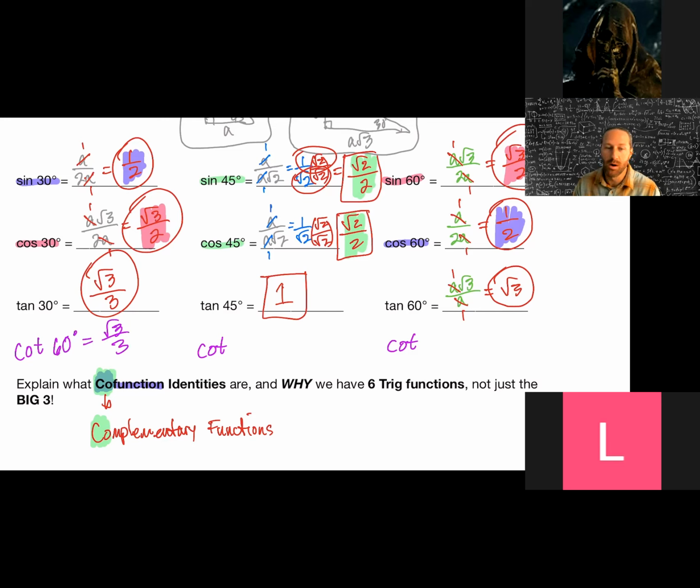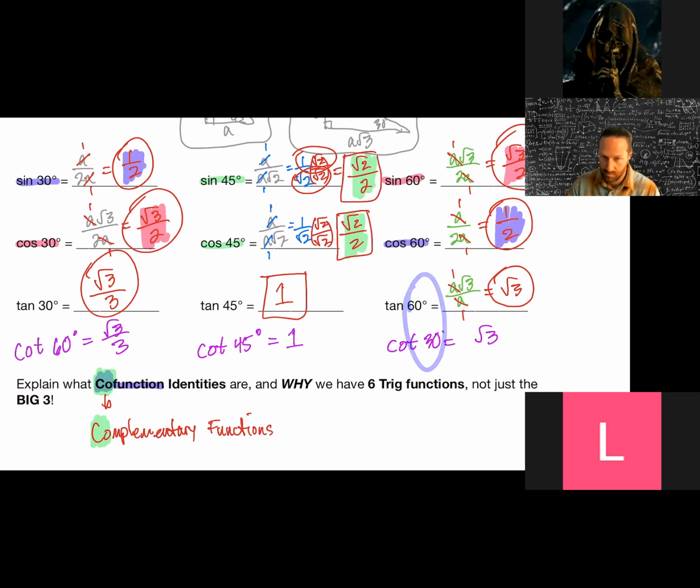What else would be equal to 1? Cotangent of 45, right? You're giving me the angles for the outputs to be the same. And if I know the tangent of 60 is √3, then the cotangent of what would also be equal to √3? 30.